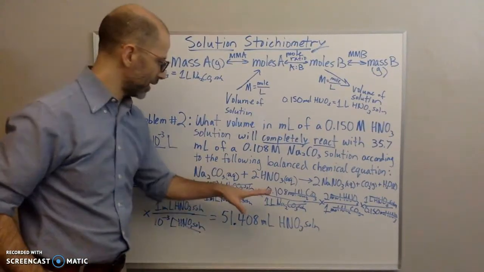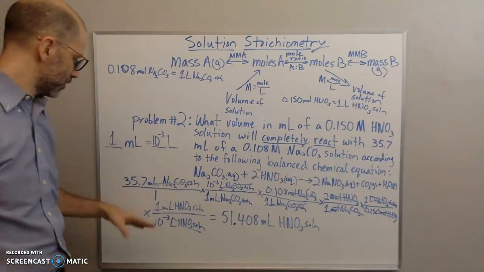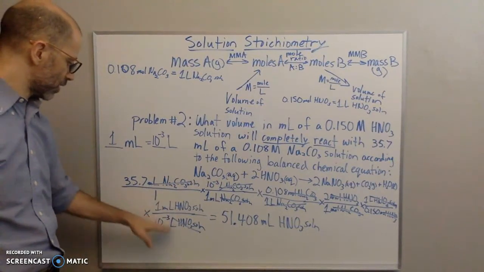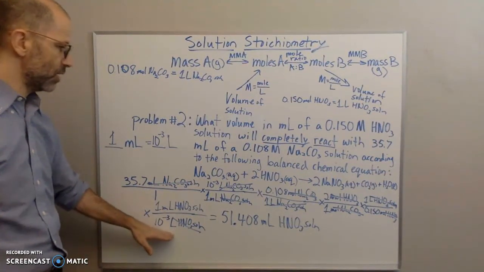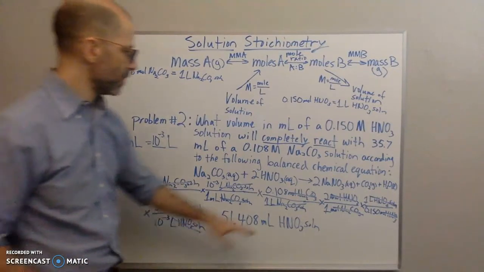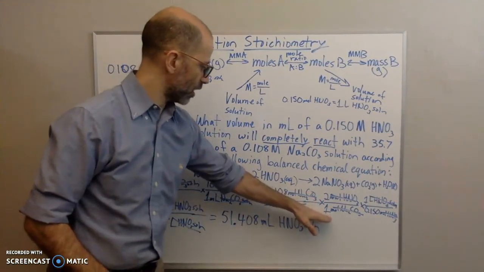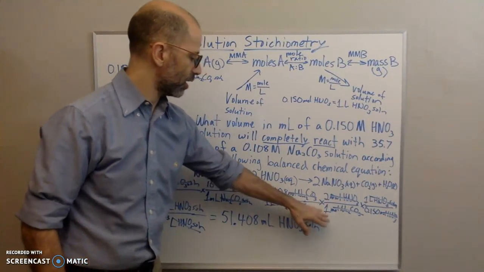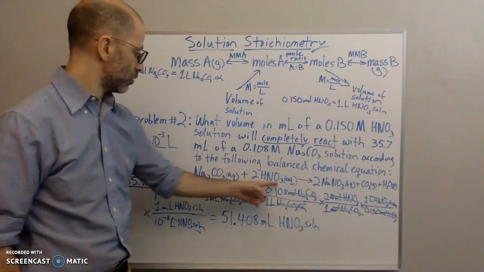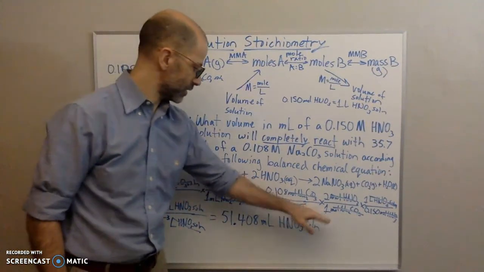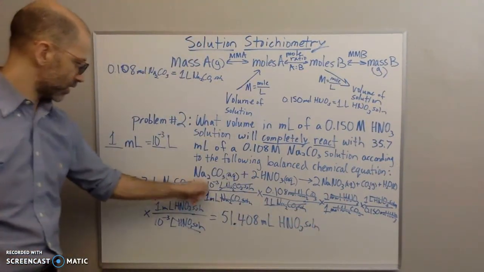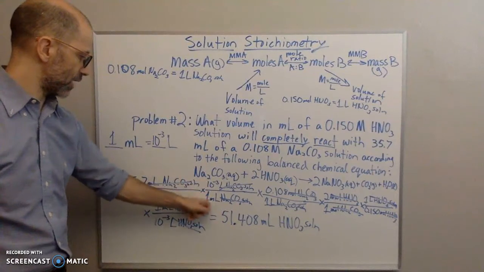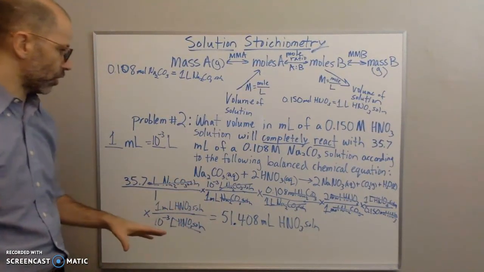So we're going to ignore the stuff that's exact. Here we have metric to metric volume, so that's exact. So we don't need to worry about that. We have the 1 to 2 ratio for the balanced equation, so the mole ratio, that's exact. And we have this liters to milliliters, that's exact. So we can ignore those.